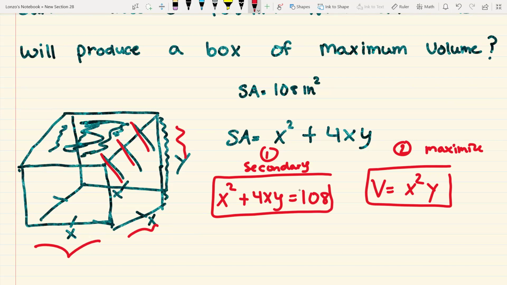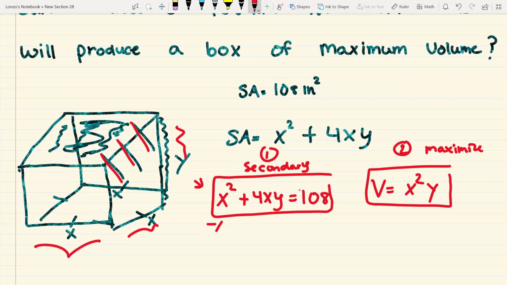So I think it's best if we use the secondary and solve for y. If we solve for x and plug it back into this, it wouldn't work because there are two x's. So it's best to solve for y.